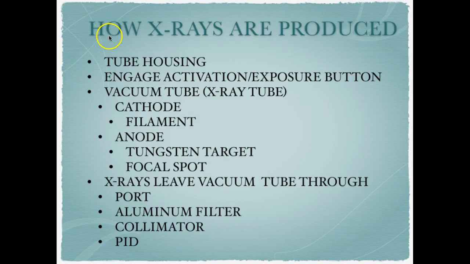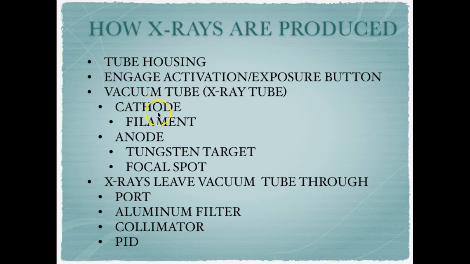How X-rays are produced. In the tube housing, we have the vacuum tube. I'm just going to go through some terminology. In the next slide, we'll actually look at a diagram. So in the tube housing, we have the vacuum tube. We also need to engage the activation exposure button. Then in the vacuum tube, there are some different parts.